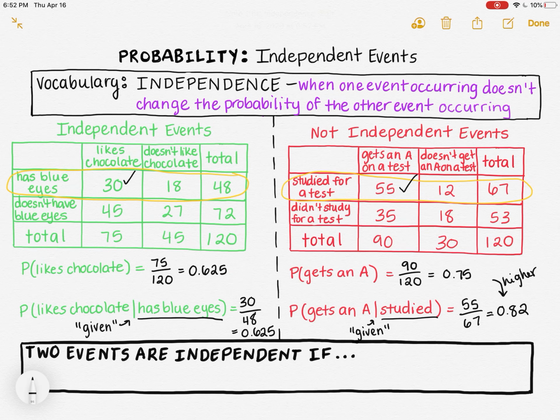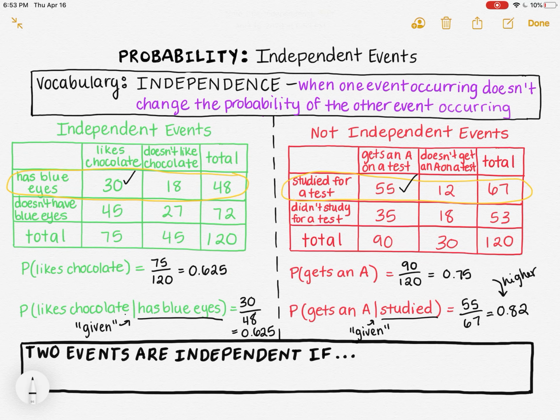On the independent events, we know they're independent, so they're not impacting one another. So the probability that you like chocolate is 0.625. The probability that you like chocolate given you have blue eyes is still 0.625 because your eye color is not going to change the likelihood that you like chocolate because they're independent.